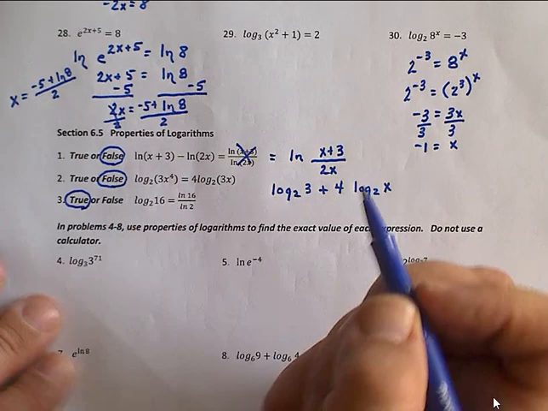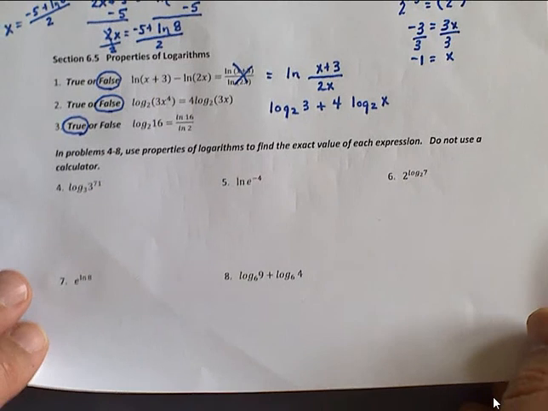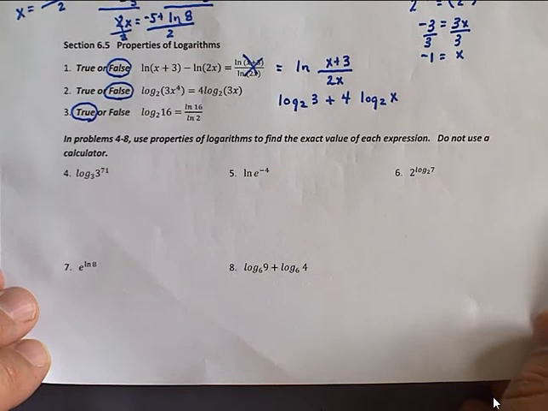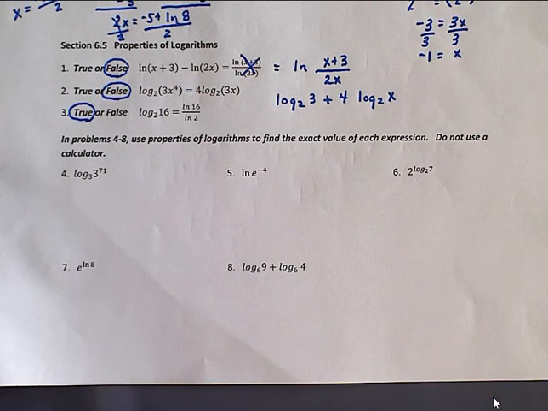Okay. Questions 4 through 8. They're asking you to simplify without using the calculator. Okay, so here's where that first round of shortcuts that I talked about comes into play.